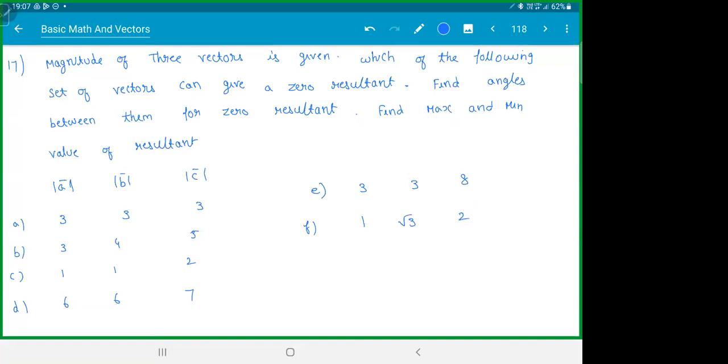This is better. Get these remaining ones. So you have to tell me 3, 4, 5. Can it form a triangle? Yes. Then what is the angle between them? What is the minimum? What is the maximum?